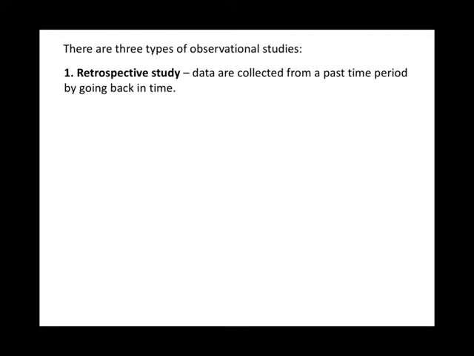Okay, at the beginning, we talked about observational studies, and there are 3 types of observational study. First one, retrospective study. Data are collected from a past time period by going back in time. This is talking about the past time period.